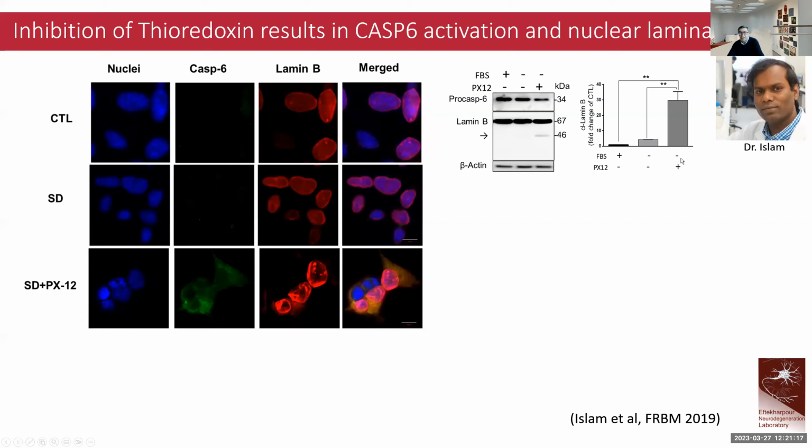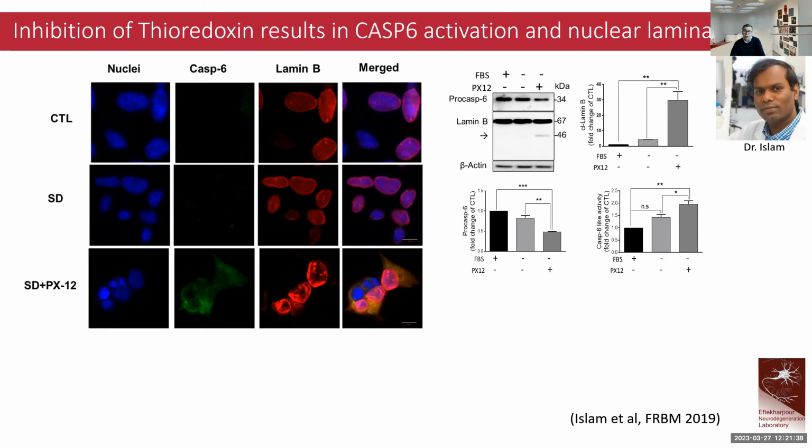We show that there is an upregulation of the cleaved lamin B. And here is the activation of caspases. Here we have shown it with Western blot, but we also have confirmatory results with enzymatic activity, and we can see an increase in caspase-6 activity.